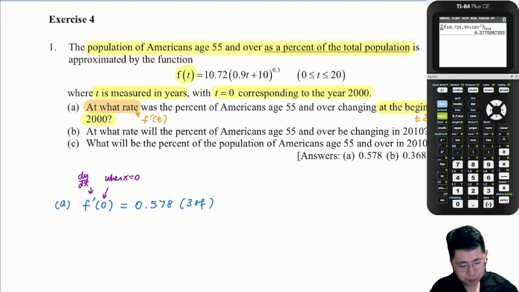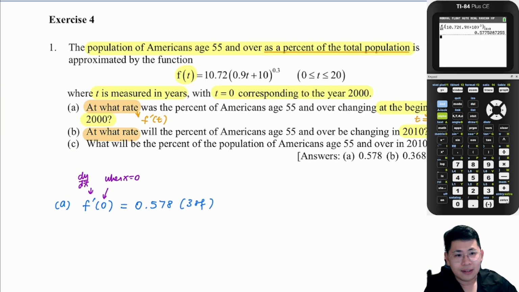Okay, now same question: at what rate will the percentage be changing in 2010? So 2010 over here means that we are going to look at when t equals 10, correct? 10 years from the year 2000. So am I going to type the whole thing again? No, waste time. Press up, press enter to call this function down.